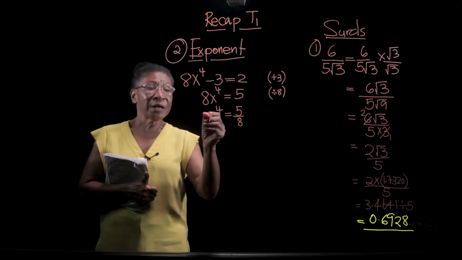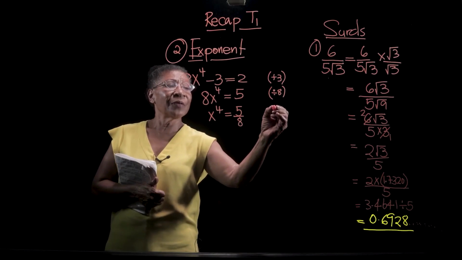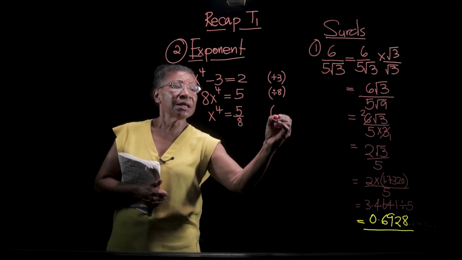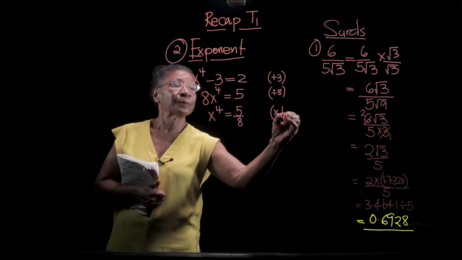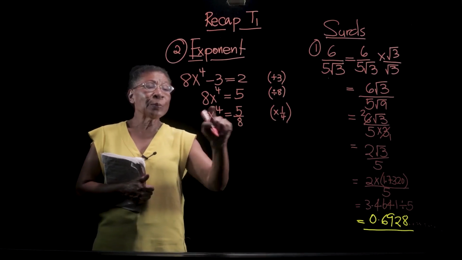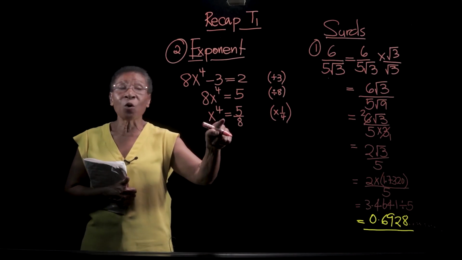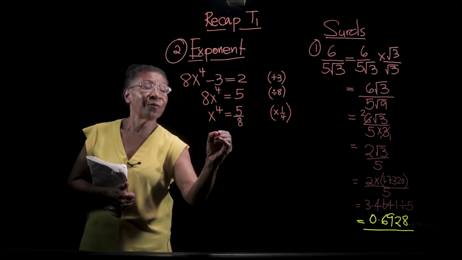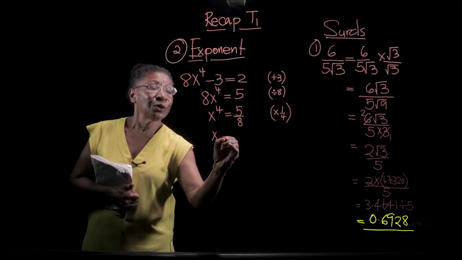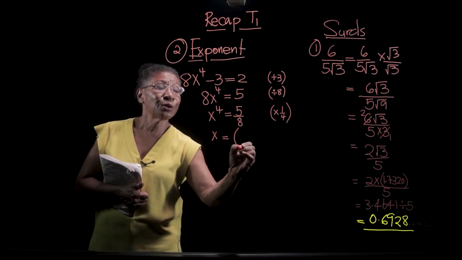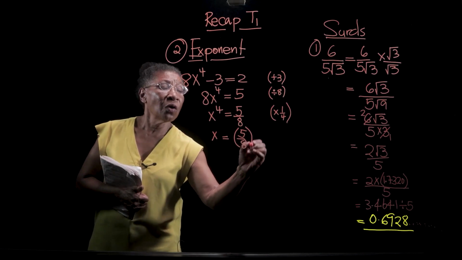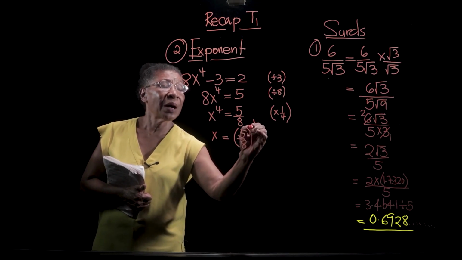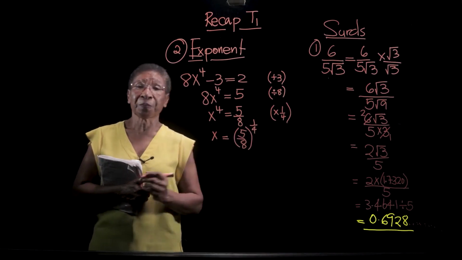With that, we now have the reciprocal, which is you must multiply by 1/4. So you multiply x to the power of 4 by 1/4, you're left with x. You do the same, so that gives you 5 over a denominator of 8, all of that raised to the power of 4.